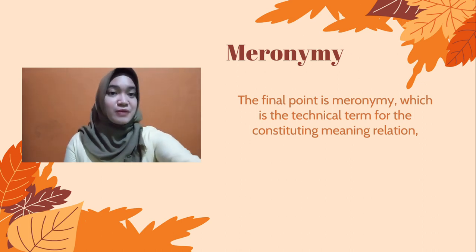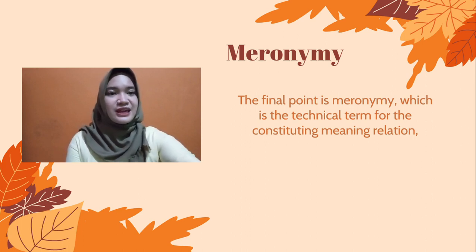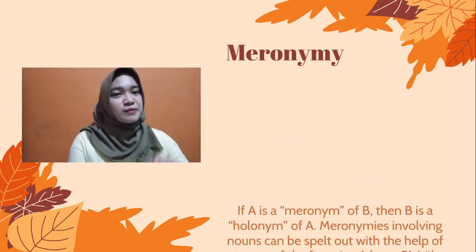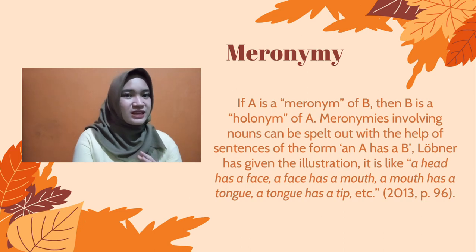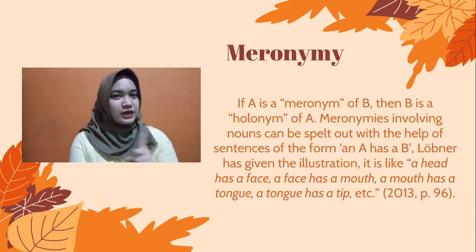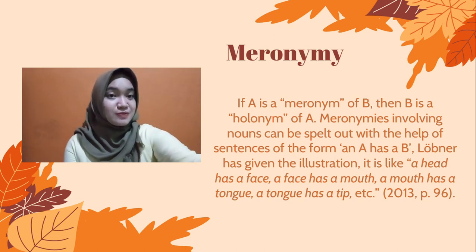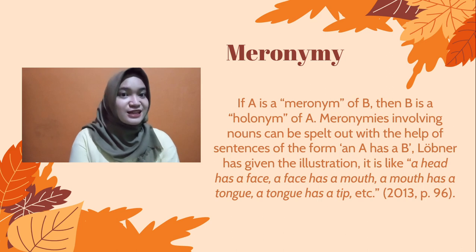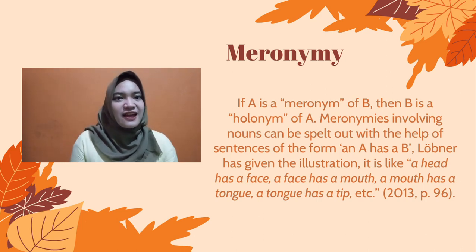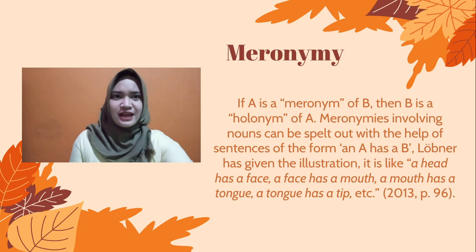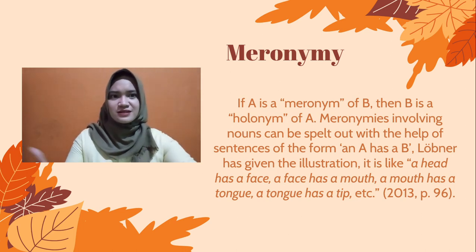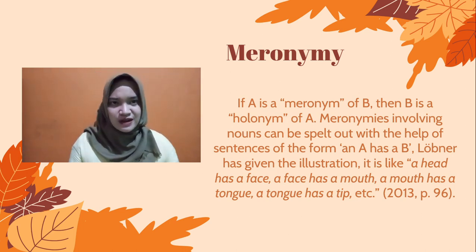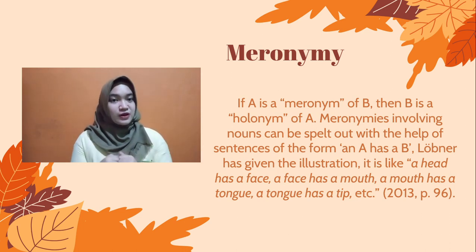If A is a meronym of B, then B is a holonym of A. Meronymies involving nouns can be spelled out with the help of sentences of the form an A has a B. Lubner has given us the illustration. It is like a head has a face, has a mouth, has a tongue, has a tip, etc. However, it is not a reliable test for meronymy.